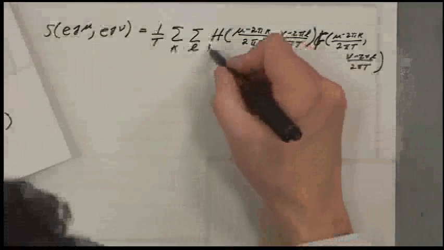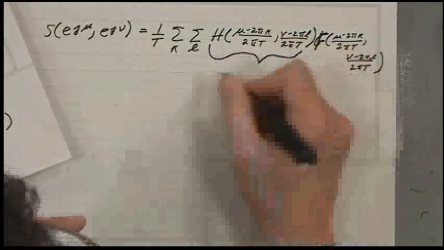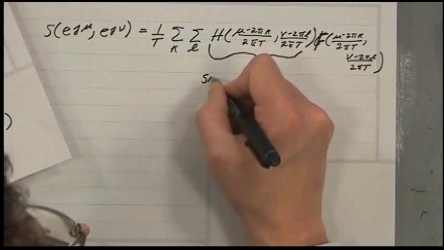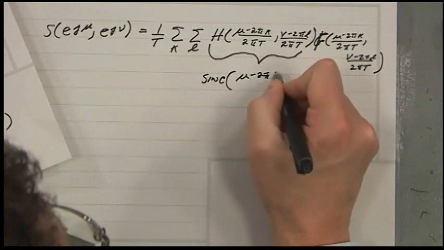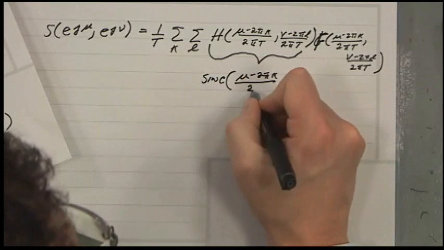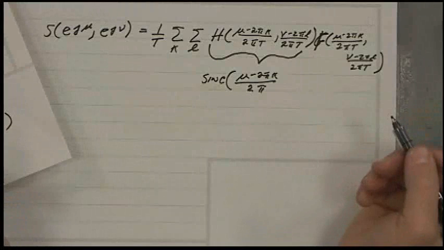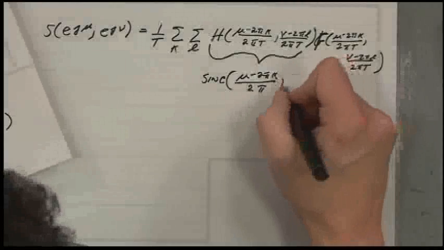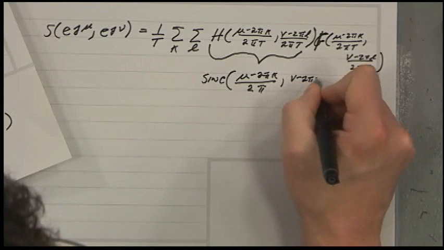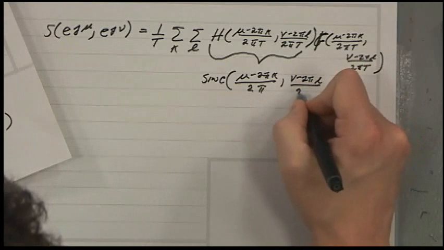This H becomes sinc of mu minus 2 pi k over 2 pi, and the T's cancel. And this becomes nu minus 2 pi L over 2 pi.